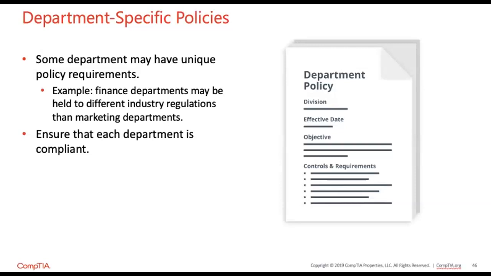They'll be able to advise the marketing team on how to best market the product while adhering to the regulations and standards set by the industry. With this particular policy, the objective is to ensure that every department adheres to both organizational as well as legal standards.